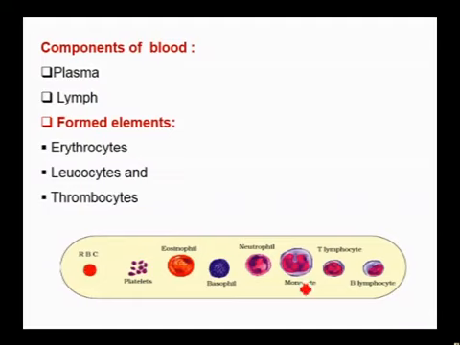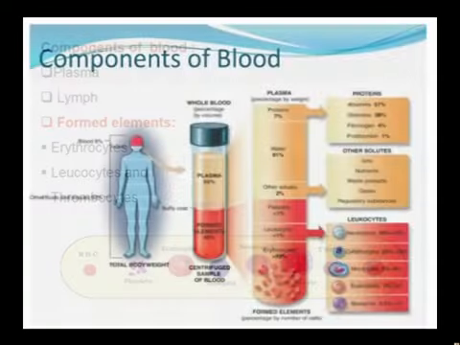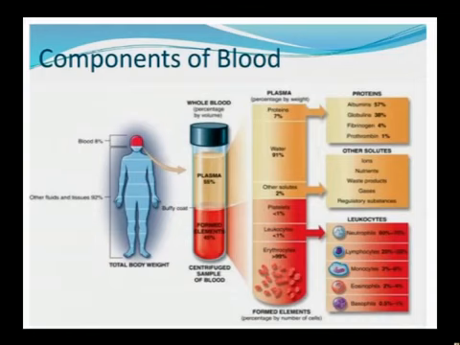Children, you should know this: monocyte is considered to be the biggest amongst the WBCs and is called the scavenger of the body. Neutrophils are called the shock troops of the body. They are around 70 to 80% of total leukocyte count. The components of the blood in another slide again.